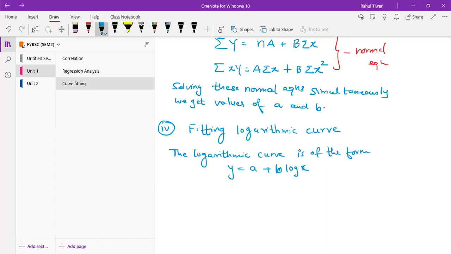Okay, so what could now be this form? Can I write this as y is equal to a plus b times capital X, where capital X is the log of x?